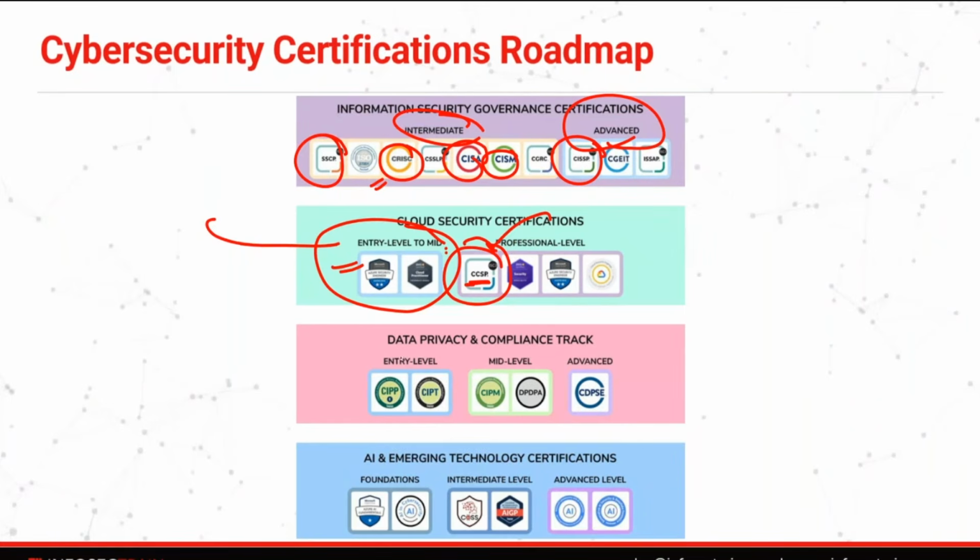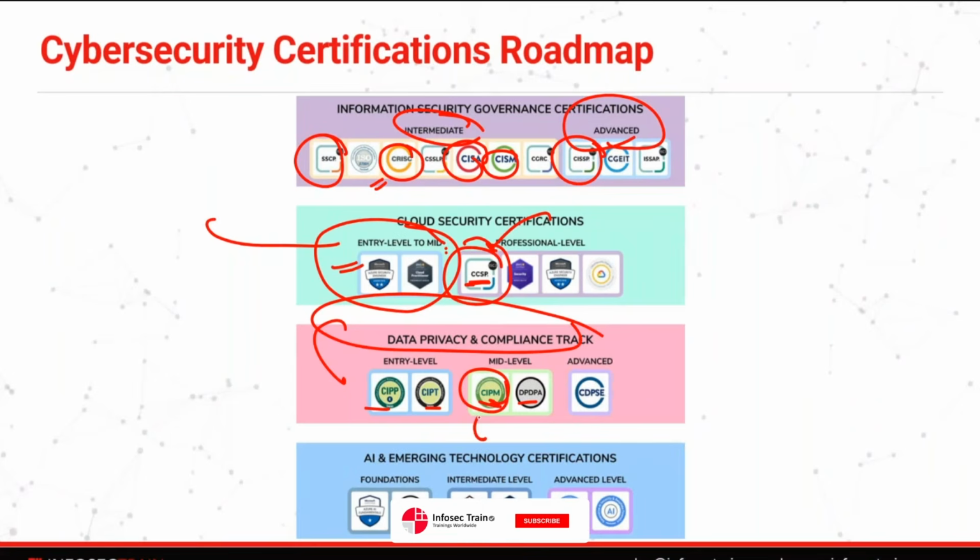Then, if you want to go for data privacy and compliance, because you know privacy is no longer optional, you can have these certificates: CIPP, Certified Information Privacy Professional, CIPT. Some mid ones are also there: CIPM, the Certified Privacy Management certificate, then DPDP Act is also there.